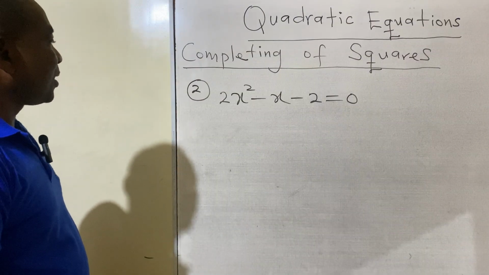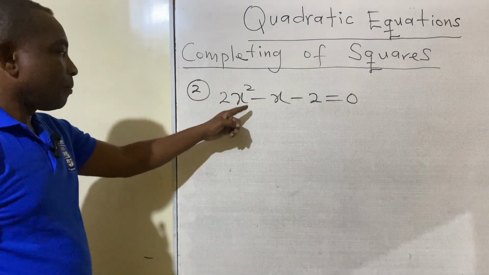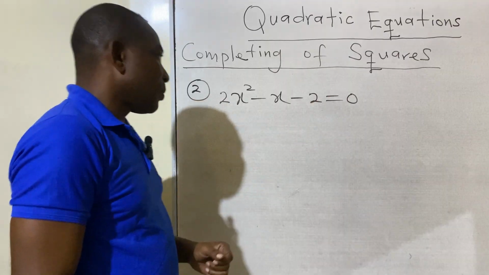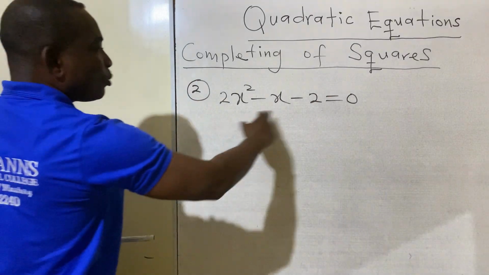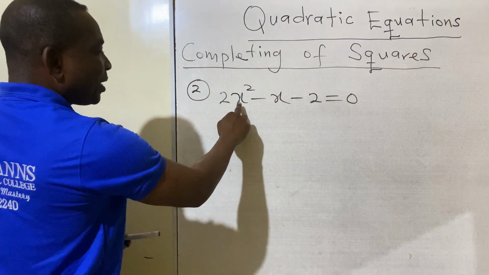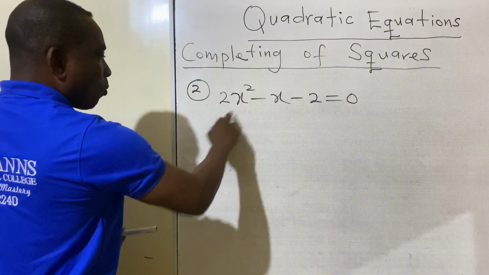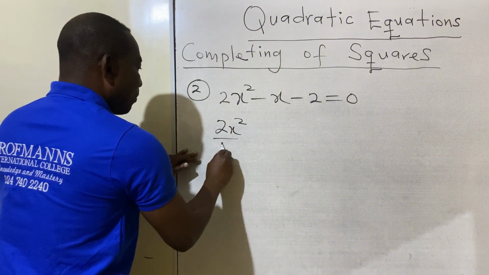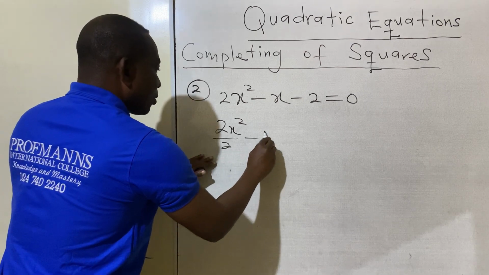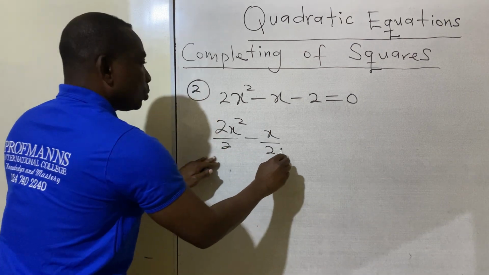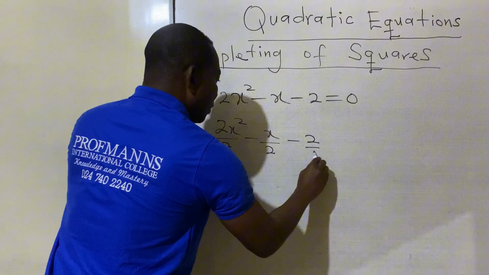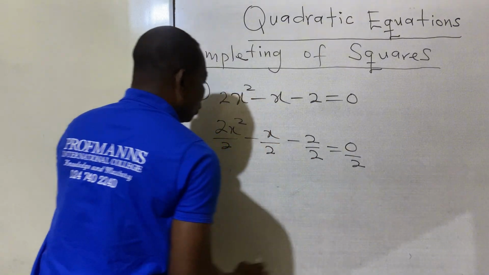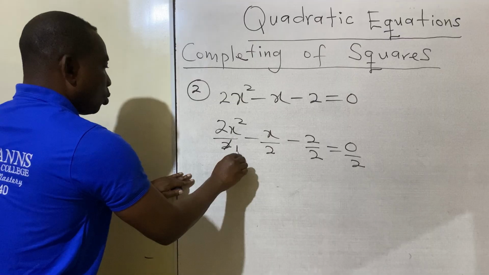The second question is 2x squared minus x minus 2 is equal to 0. So we divide through by 2 to make the coefficient of the variable squared 1. So it becomes 2x squared divided by 2 minus x divided by 2 minus 2 divided by 2 is equal to 0 divided by 2. 2 goes into 2, 1.